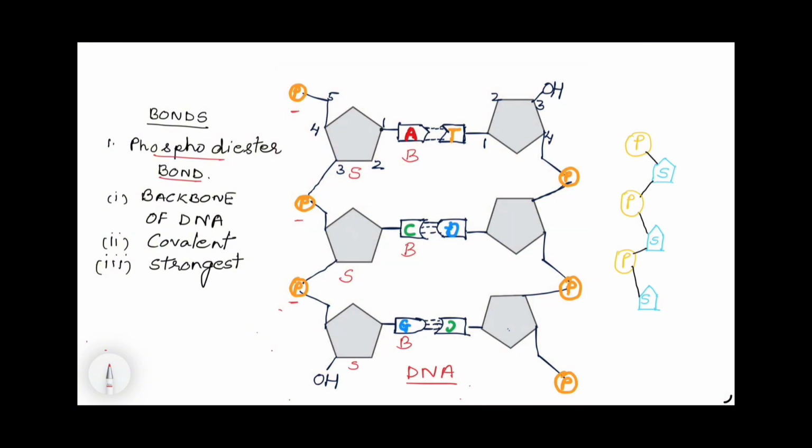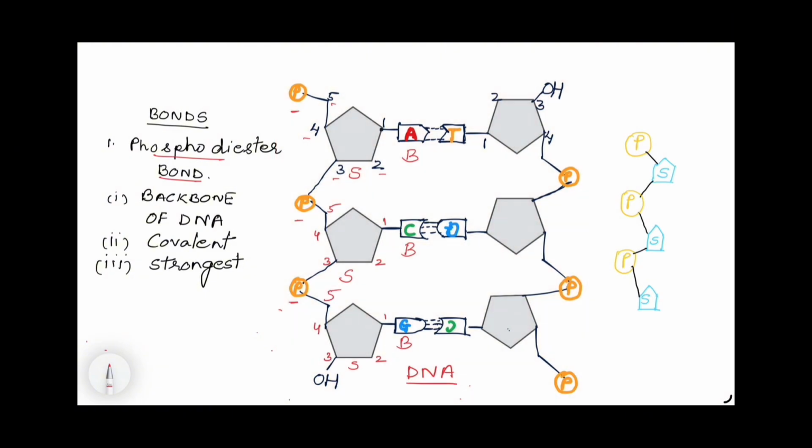Already the top carbon, we have numbered carbon 1, carbon 2, 3, 4, 5. Let us number the next carbon. This is 1, 2, 3, 4 and 5. 1, 2, 3, 4 and 5.